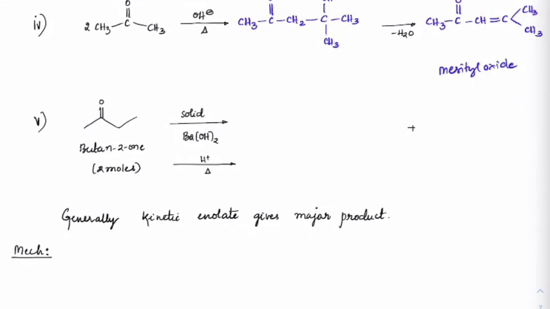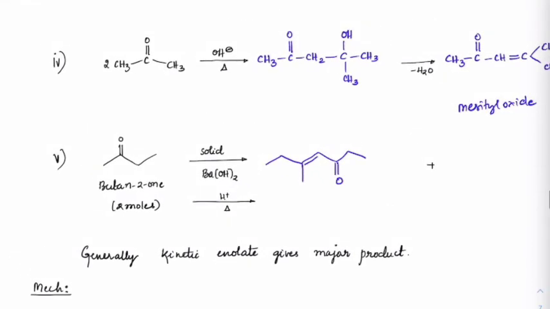See, first I will write, I am directly writing the product. So think about it. 1, 2, 3, 4, 5, 6, yeah. And then we have a double bond here with this, okay. Here I have made a connection with these 2 moles. Check this out. What are the moles I have used? Double bond is here, double bond is here.